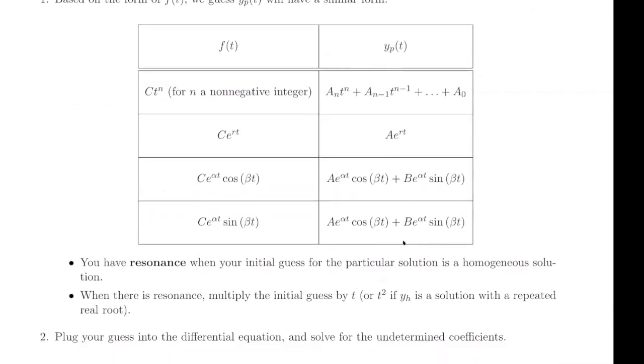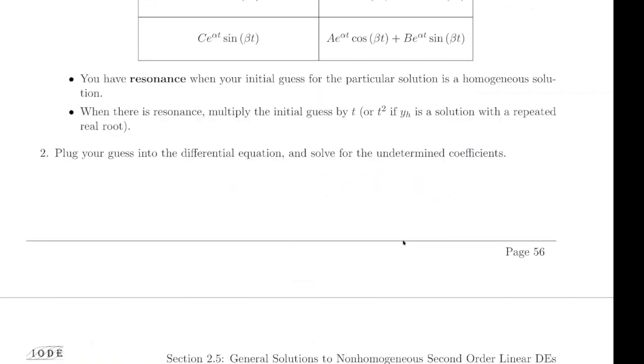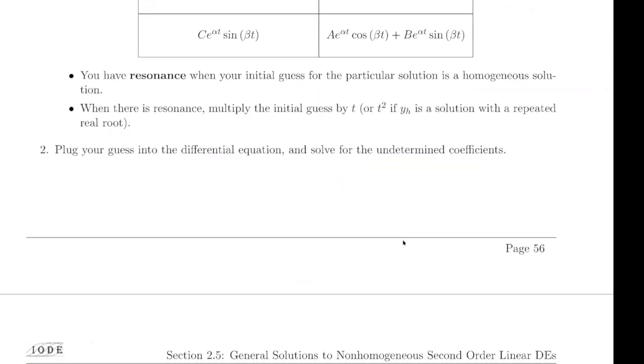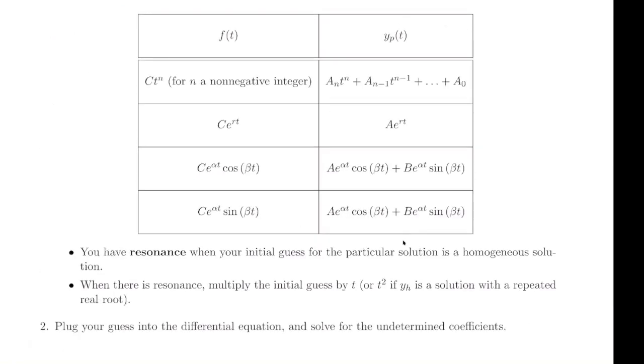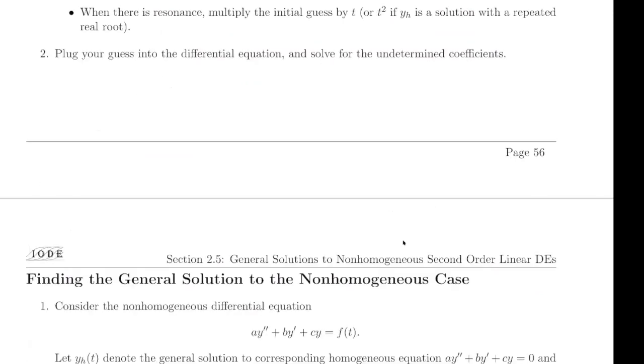And then, as we've been talking, if you have resonance, then you need to multiply by t until that resonance goes away. Then you plug this in, solve for the undetermined coefficients, and now you've got your particular solution. So that's just a recap about how we found each of those types of solutions.